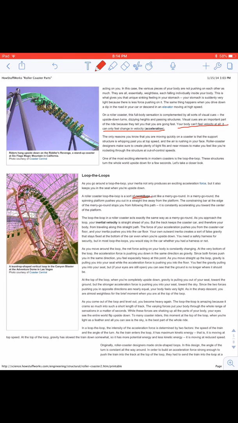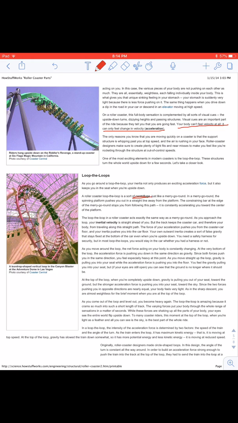The loop-the-loop in a roller coaster acts exactly the same way as a merry-go-round. As you approach the loop, your inertial velocity is straight ahead of you. But the track keeps the coaster car, and therefore your body, from traveling along this straight path. The force of your acceleration pushes you from the coaster car floor, and your inertia pushes you into the car floor.